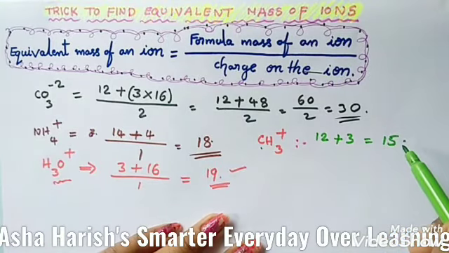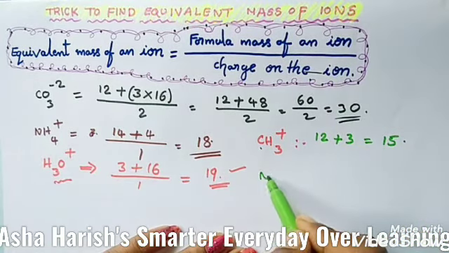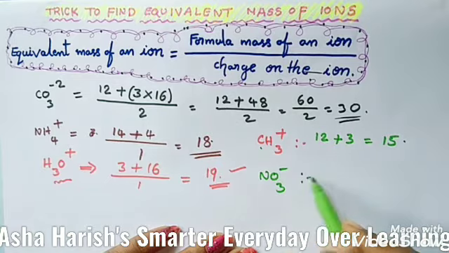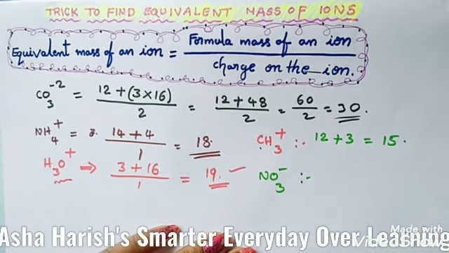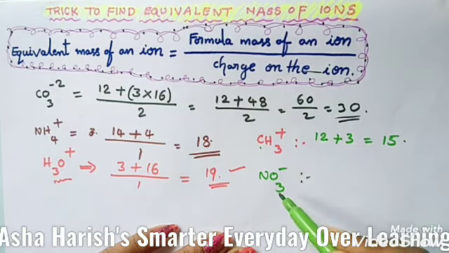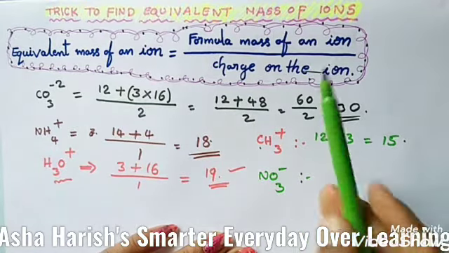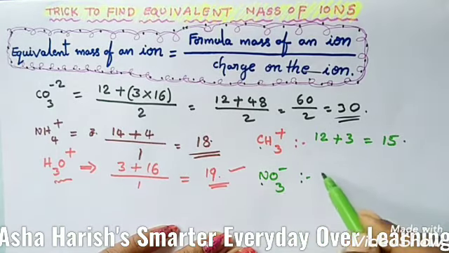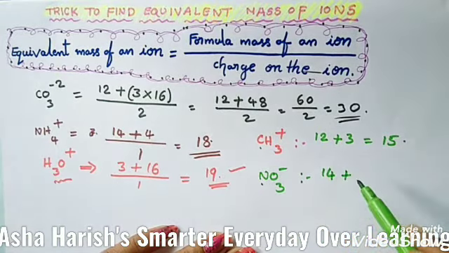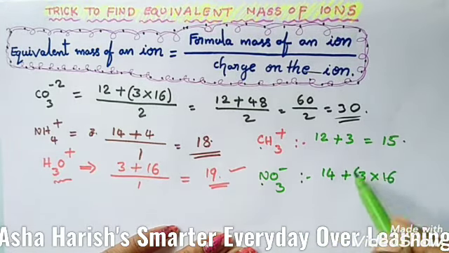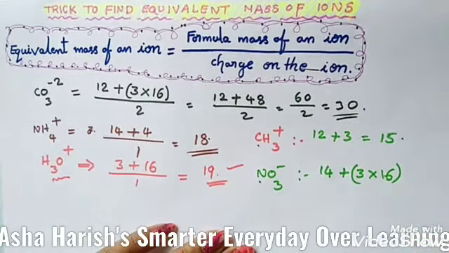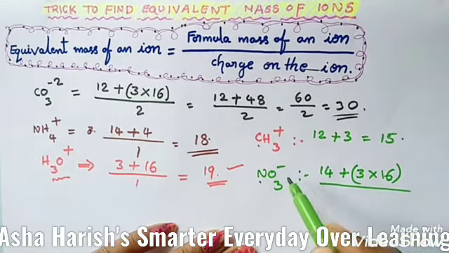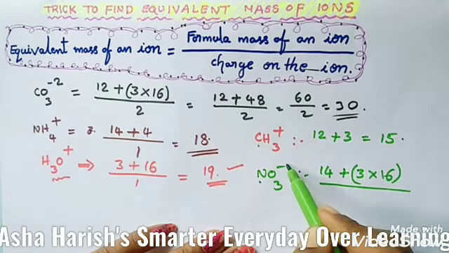Okay. Let us see the next example. NO3 minus, the nitrate ion. Here the central atom is nitrogen, and nitrogen and oxygen, these two atoms are present. If you apply this formula, the formula mass of the ion is: nitrogen atomic mass is 14, plus how many oxygen atoms are present? 3. 3 into 16, where 16 is the atomic mass of oxygen, divided by the charge, which is only minus 1. There is no need to write that 1.